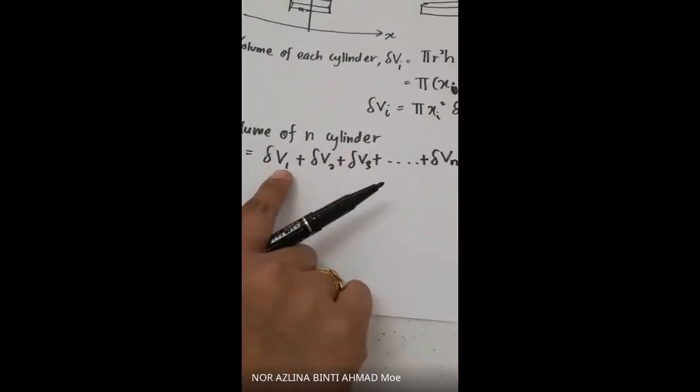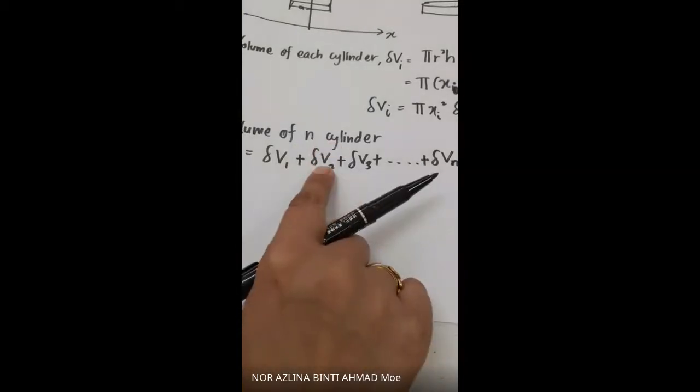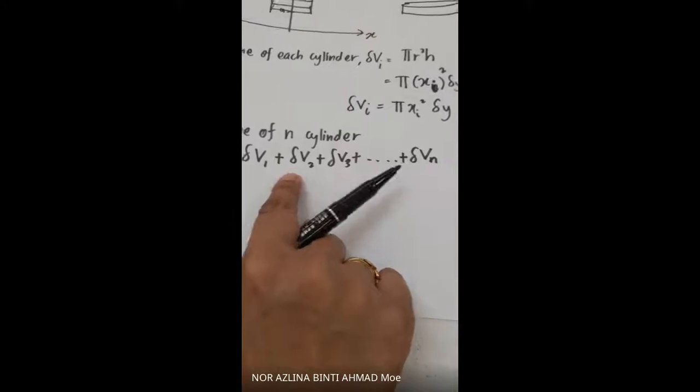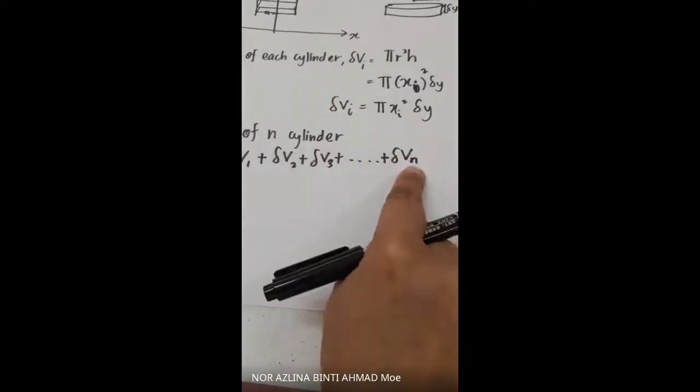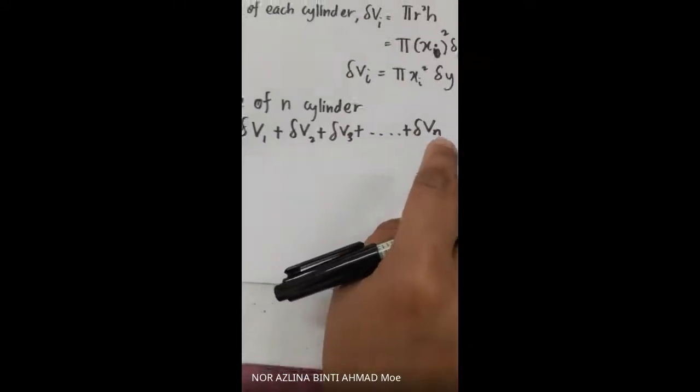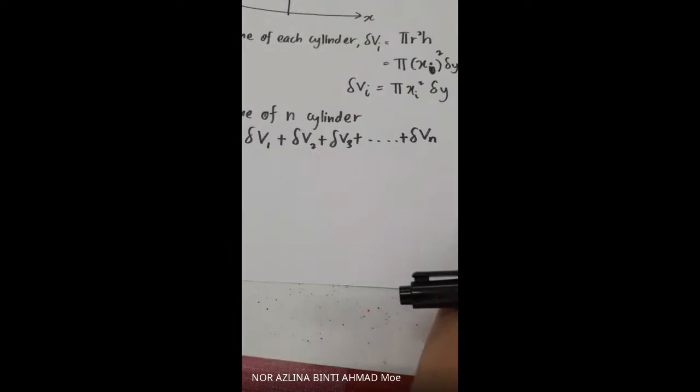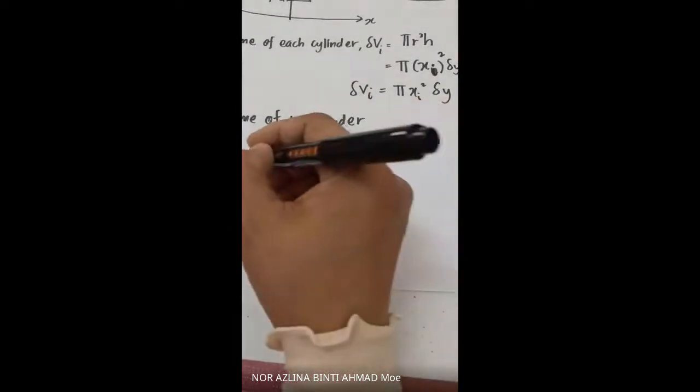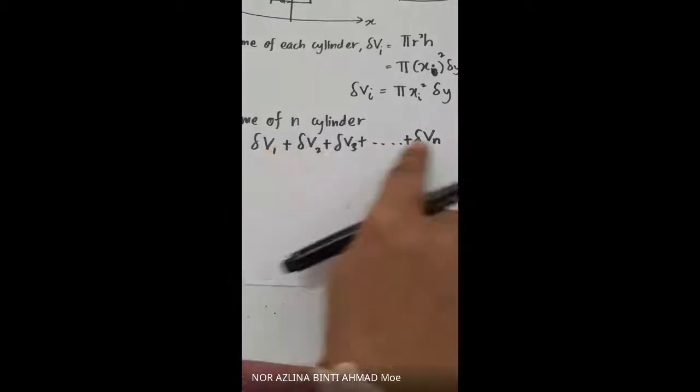So, delta V1 means volume for first cylinder, volume for second cylinder, and volume for N cylinder. Kemudian, okay, this is the sum.